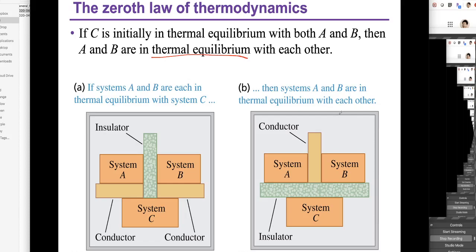This is very easy to understand, right? Okay, that's very easy, and that's the zeroth law of thermodynamics.